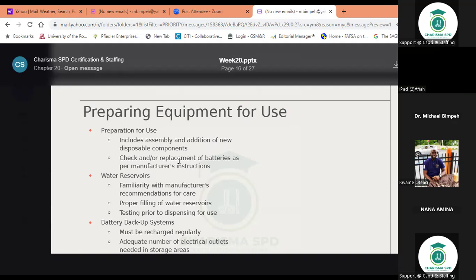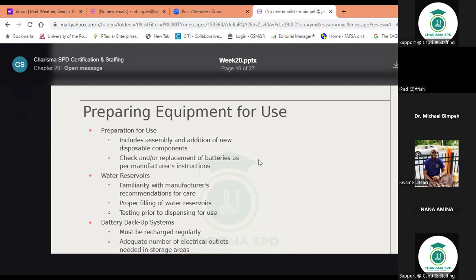So it includes assembly and addition of new disposable components. That is if the new disposable components are kept in central sterile. Most of them, the good news is that these disposable attachments are kept in the user department. They have it. For example, in the OR or endoscopy, if they are dealing with the attachments for the big scopes and the long scopes. But of course, depending on the instrument, they can have those things in sterile processing.